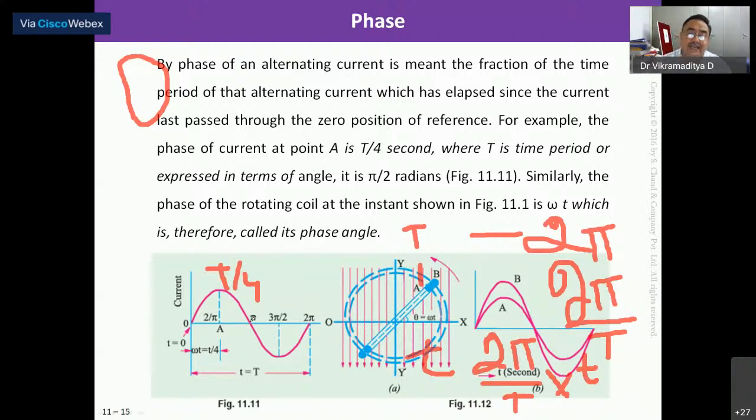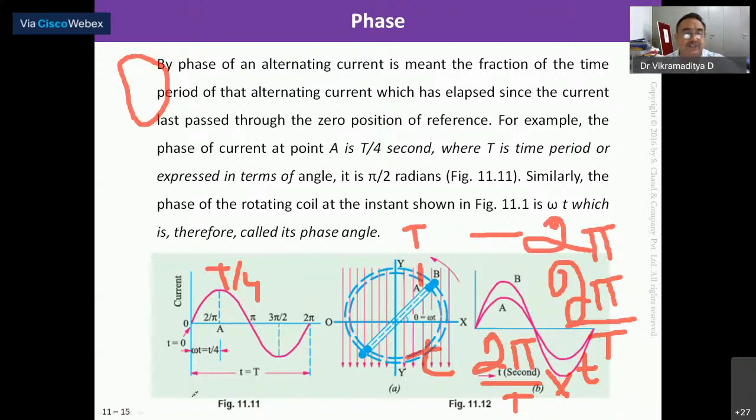So basically, we are converting the time into the corresponding angle, either in radians or in degrees, for mathematical simplicity. This angle is called the phase angle, and the alternating quantity is called a phasor, and it is with respect to a certain reference. For example, in mechanics, when I say a ball is thrown at an angle of 30 degrees, I can make 30 degrees only with respect to a certain reference line, the 0 degree line.